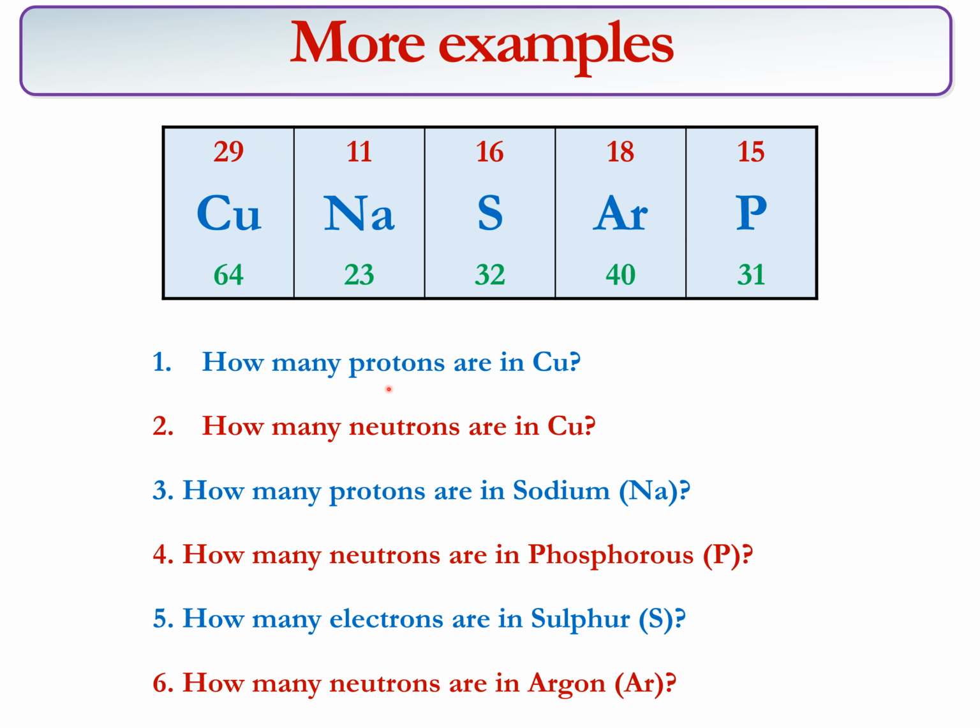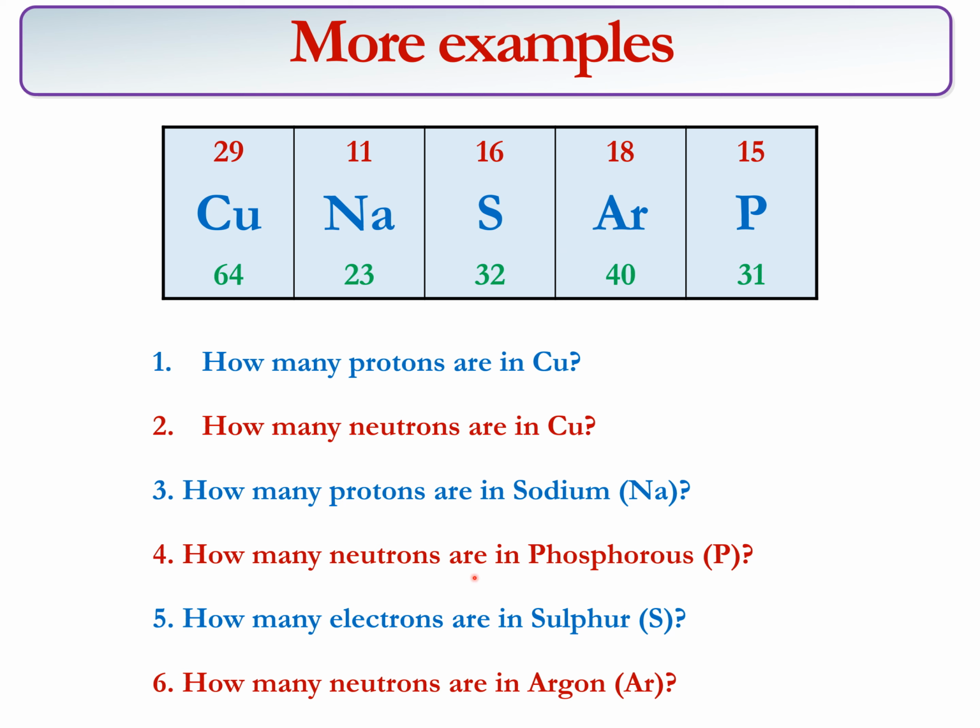So copper has 29 protons because atomic number is equal to number of protons. So how many neutrons are in copper? So you simply subtract 29 from 64. How many protons are in sodium? So the atomic number of sodium is 11, so the number of protons is equal to 11.